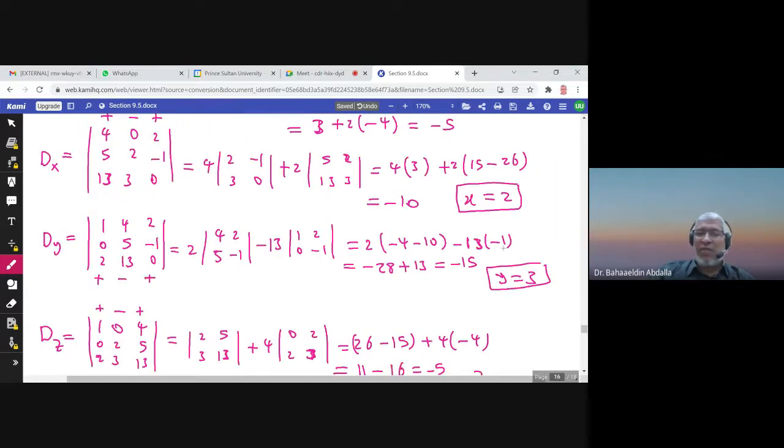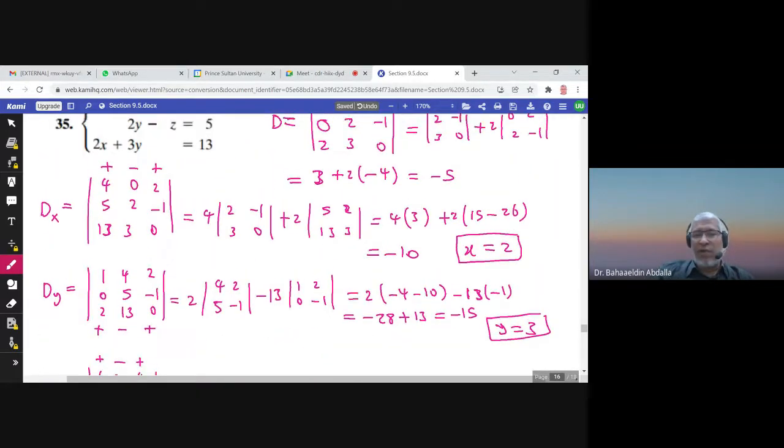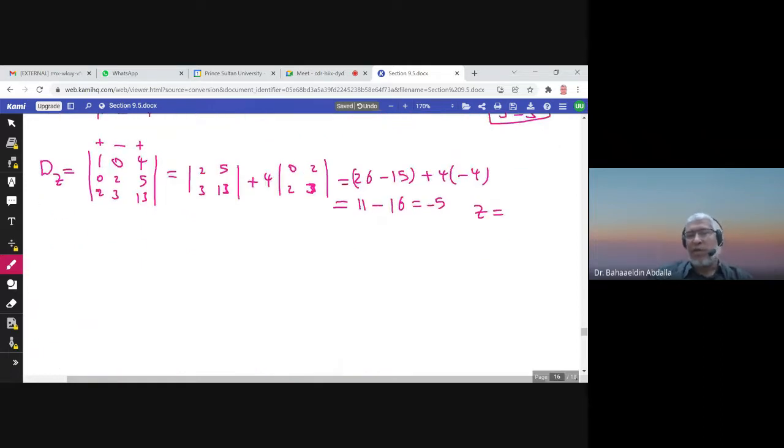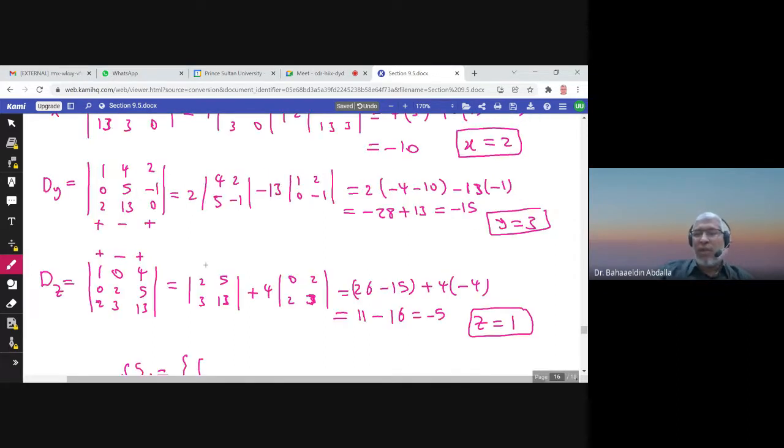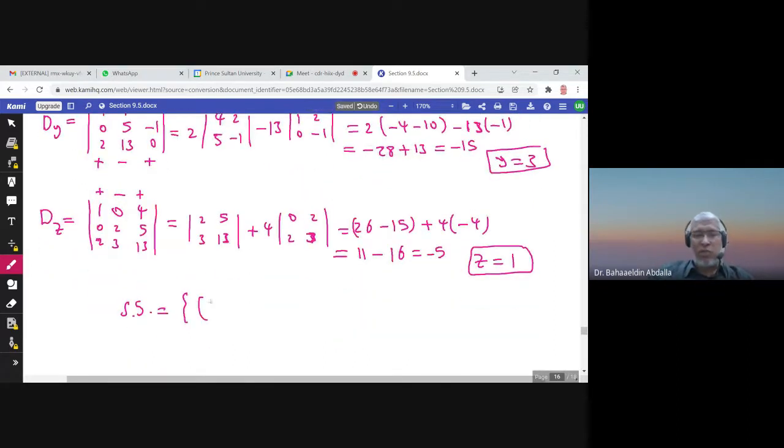So z is negative 5 over negative 5 because D is negative 5. So z is 1. So the solution set of this system would be x is 2, y is 3, and z is 1.